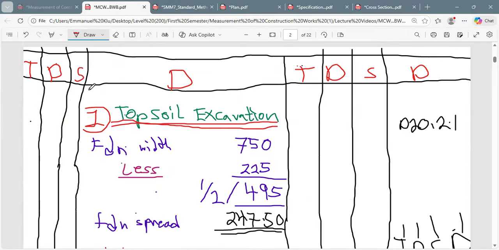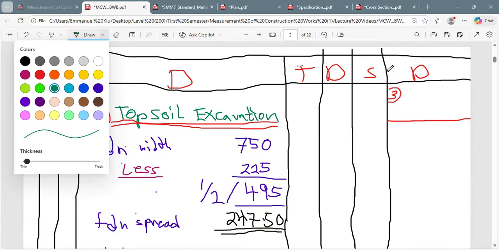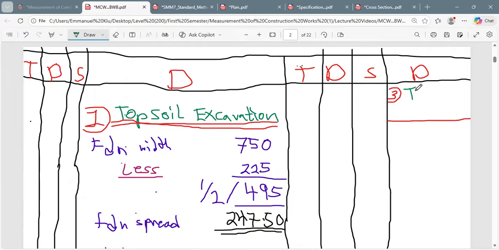Let me put it somewhere here. So this is our trench excavation.